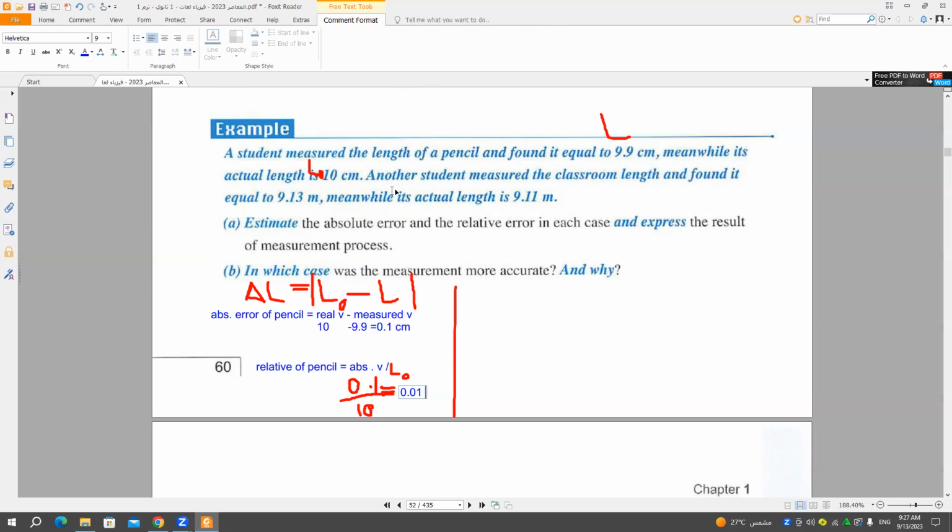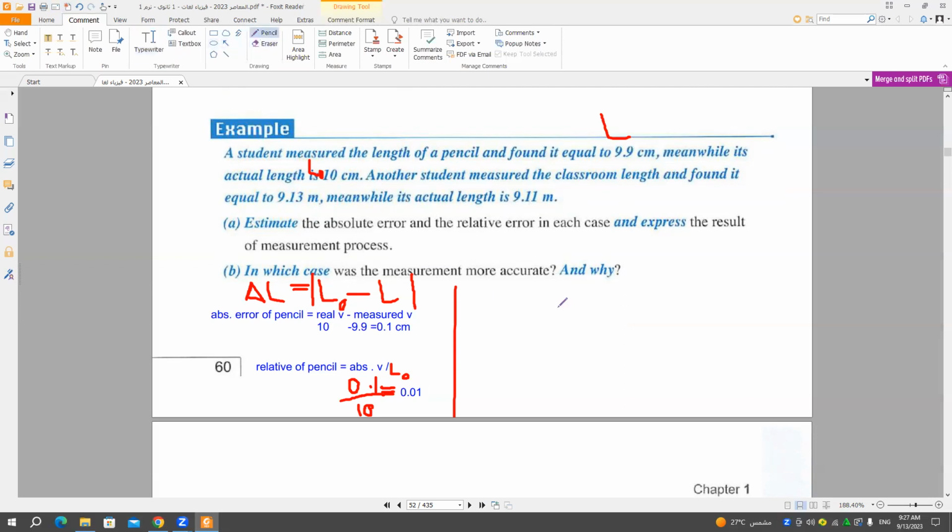What about the absolute error of the length of the classroom? Like this example of the pencil, we write delta L, the absolute error of the length of the classroom, equals L naught, the real value of the classroom, minus the measured value by the student. We have a modulus here.